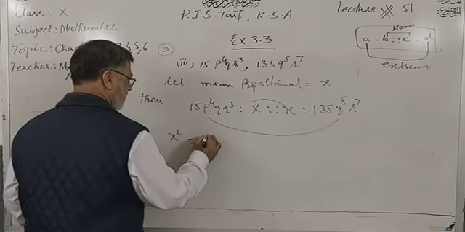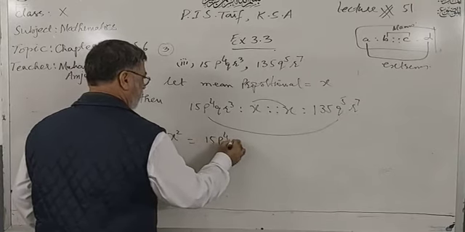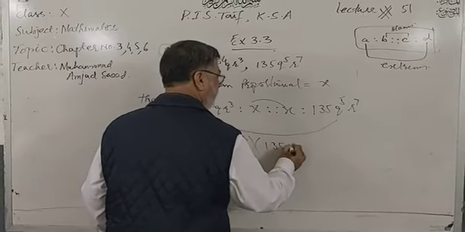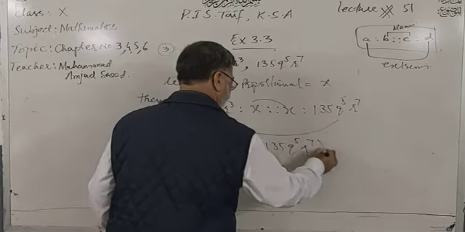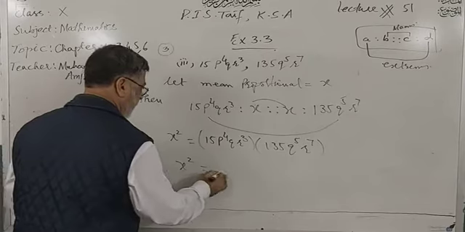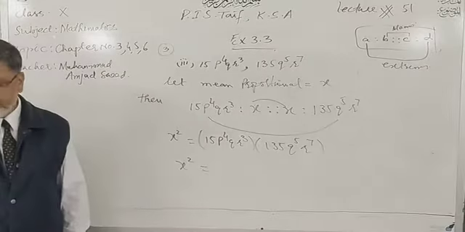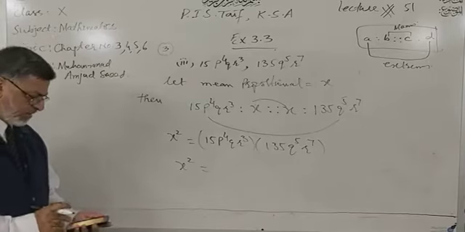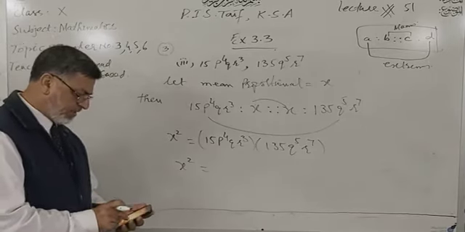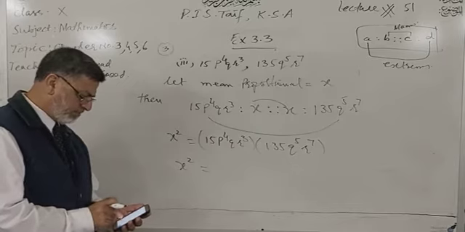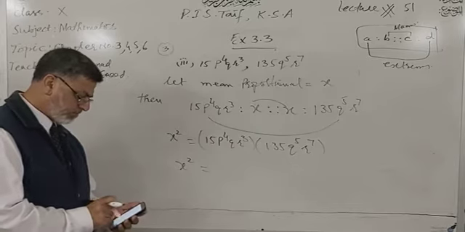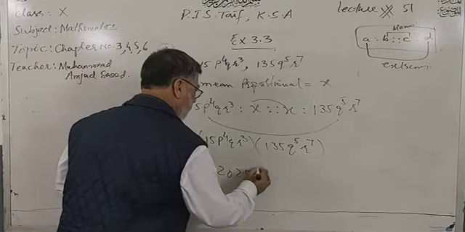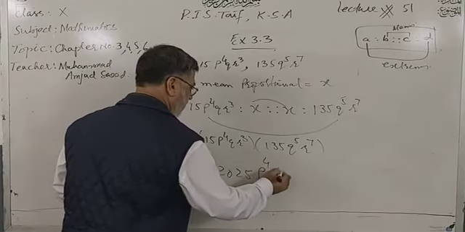So x square is equal to 15P4QR into 135Q5R7. Now you can multiply 135 by 15, that is 2025 P4.